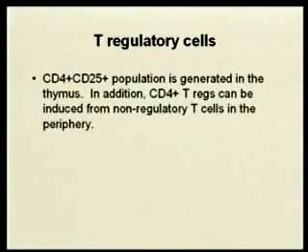For the most part, these cells are generated in the thymus. But recently it's been shown that some of these cells can actually be generated in the periphery. This is not really clear, but they think most of these cells are generated in the thymus, and some can be generated in the periphery.